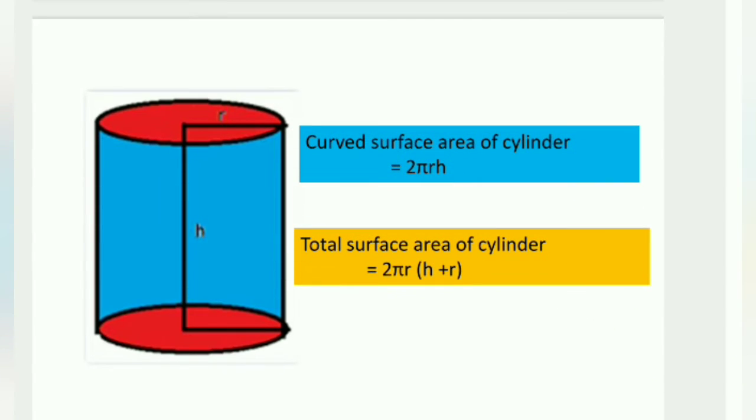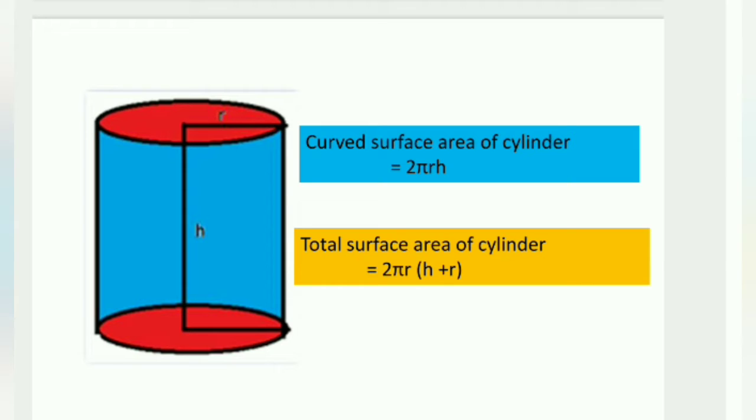So what is the formula for curved surface area? 2 pi r h. How did we discuss this formula? With the help of one activity. When you rolled the paper, what did you observe? The paper was rectangular, and when you fold or roll it, you get the shape of a cylinder. So the names of length and breadth change. The area of the rectangle now becomes the curved surface area of the cylinder.